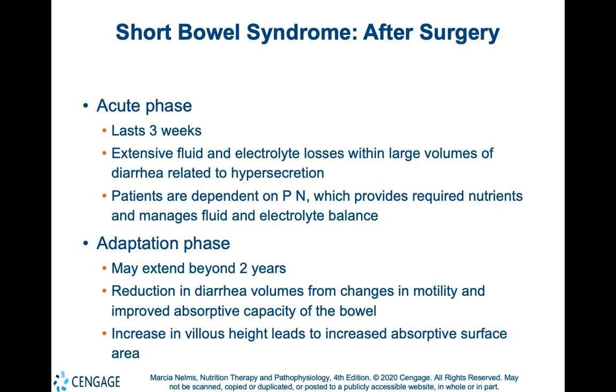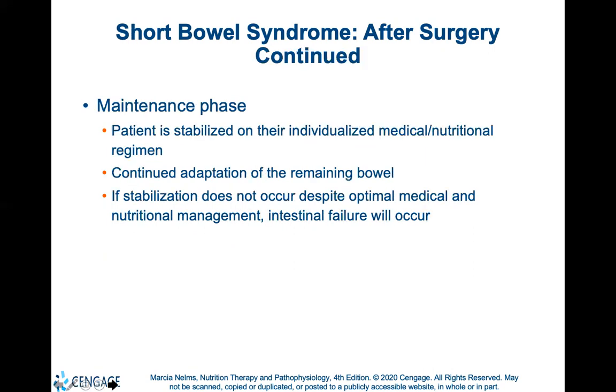The adaptation phase may extend beyond 2 years, with reduction of diarrhea volumes from changes in motility and improved absorptive capacity of the bowel. In the maintenance phase, the patient is stabilized on their individualized medical nutrition regimen, with continued adaptation of the remaining bowel. If stabilization does not occur despite optimal medical and nutritional management, intestinal failure will occur.